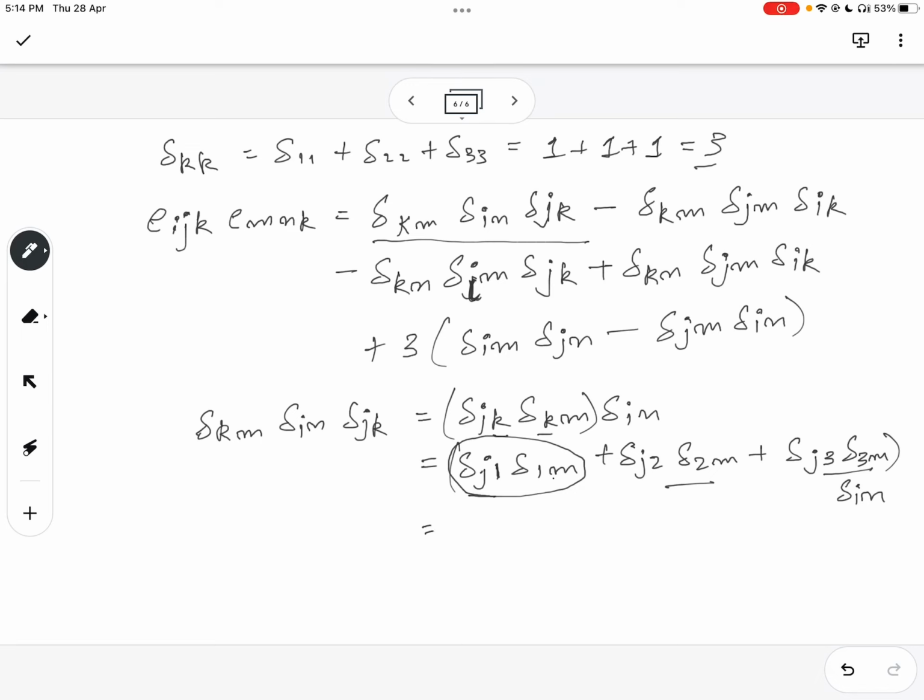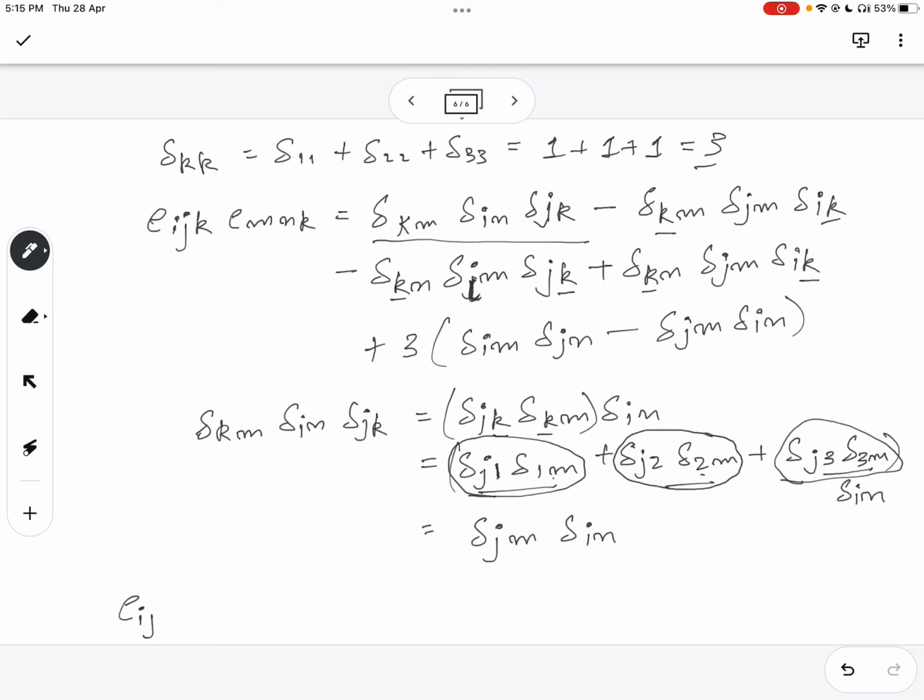When J is equal to m. When is this quantity equal to 1? When J is equal to m. Similarly for this quantity as well. So this can be written as, the K can be omitted, and this can be written as delta Jm, delta In. All the terms, wherever there are repeated index in terms of K, they can be merged.